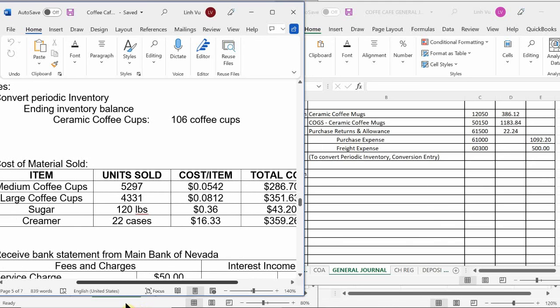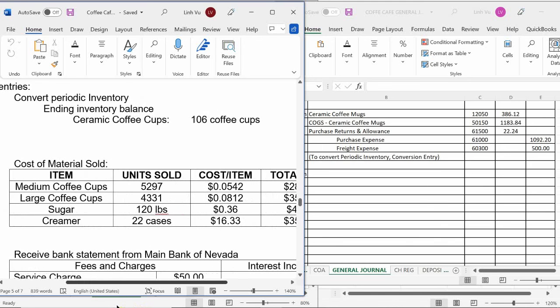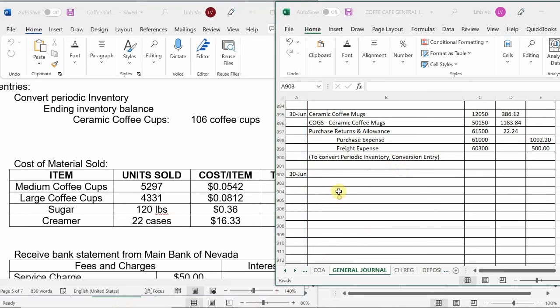So, how do we journalize this? How do we represent that we no longer have these cups anymore? We used them.